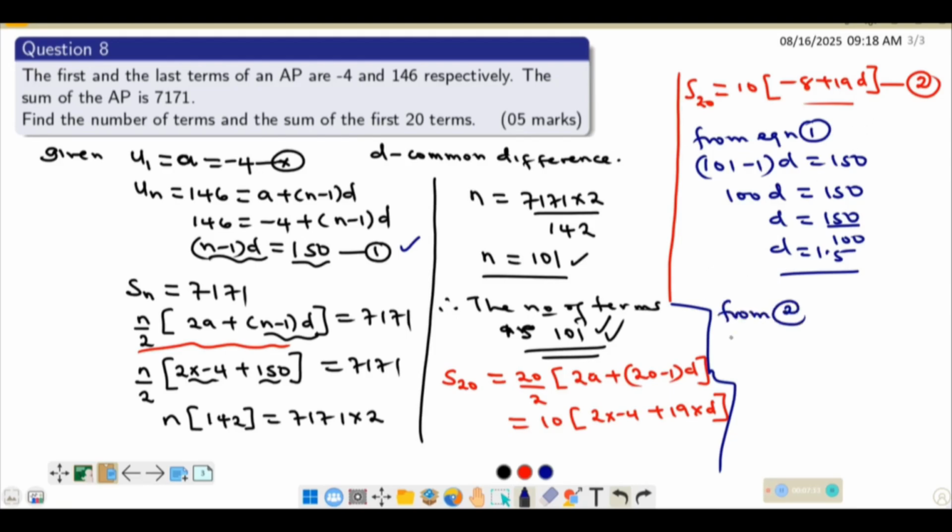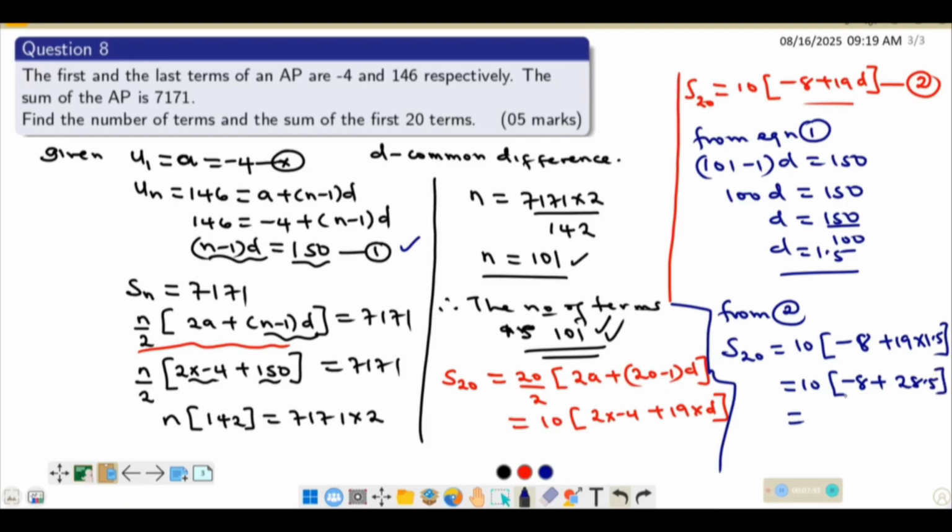After getting d, we can now come back to equation number 2. From 2, the sum of the first 20 terms is 10 into negative 8 plus 19 times 1.5. 19 times 1.5 gives us 28.5.